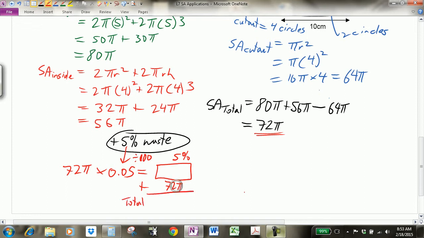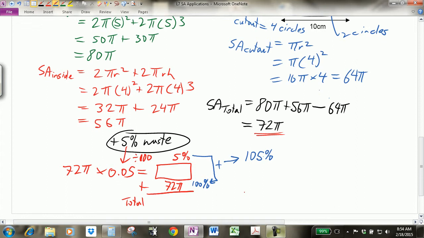Now 72 pi, what percentage of 72 pi is 72 pi? 100%. So why don't we, instead of taking 5% and then adding it to 100%, add those together? What would that equal? 105%.